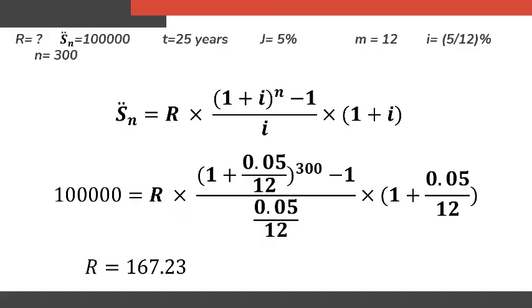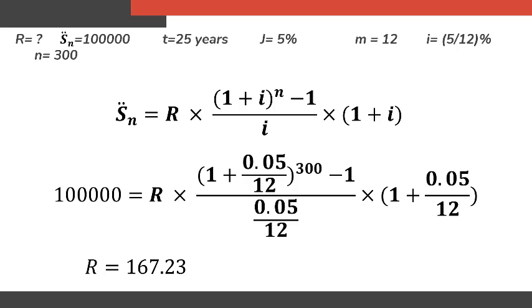So R is unknown, and S double dot N equal 100,000, T equal 25, J equal 5%, M equal 12, so I equal 5 over 12, N equal 300.